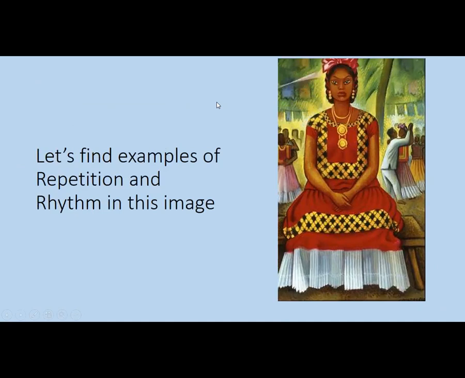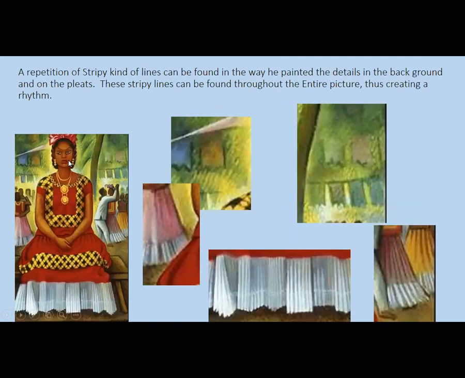Let's find examples of repetition and rhythm in this image. One of the things that repeats in this image is his use of stripy looking lines. You can see these brush strokes back here. They're kind of stripy looking lines. Here's some more over here, and then these are over here.